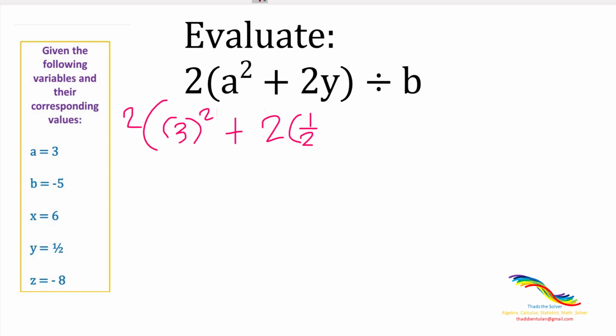Again, let's put y in its own parenthesis. And now comes the big parenthesis here. And this is divided by b, which is -5.